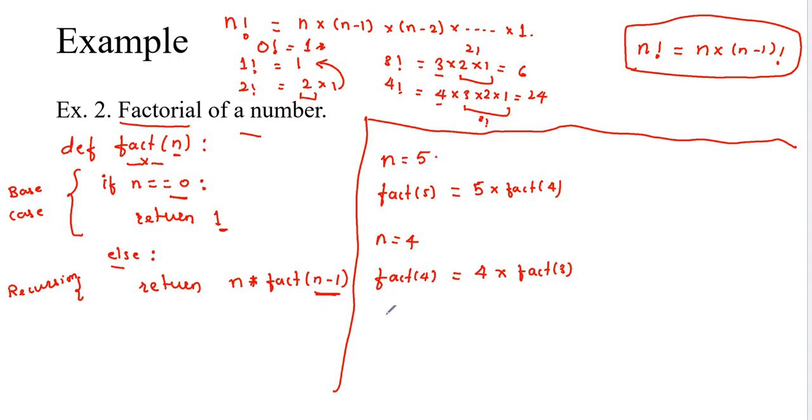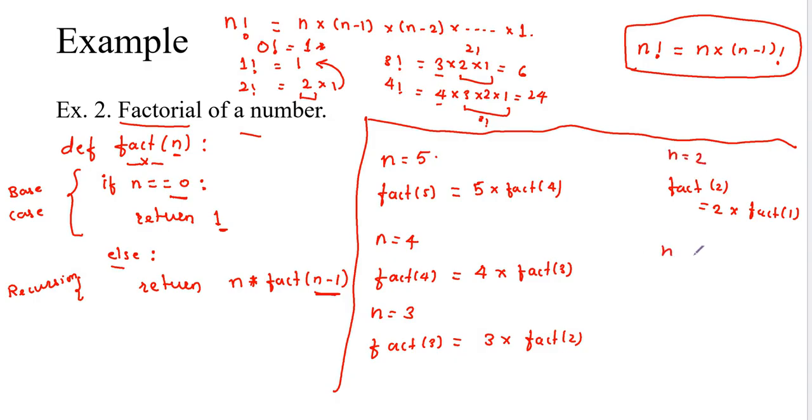In a similar fashion, for n equal to 3, factorial of 3 is equal to 3 into factorial of 2. Then factorial of 2 is equal to 2 into factorial of 1, where n equal to 2.